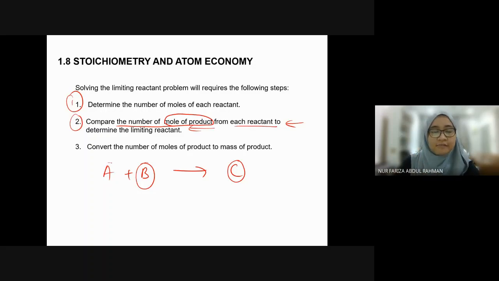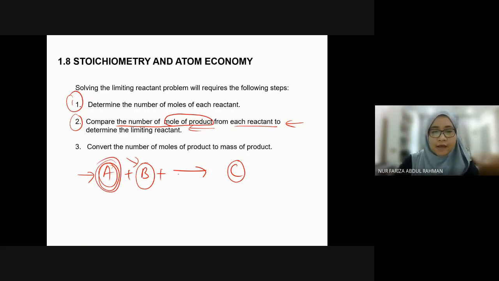And then the second step, you need also to compare the number of moles of A, how much product can be formed from reactant A. So you have two steps here. You have to compare for both reactants. How much C can be formed from B, and how much C can be formed from A.